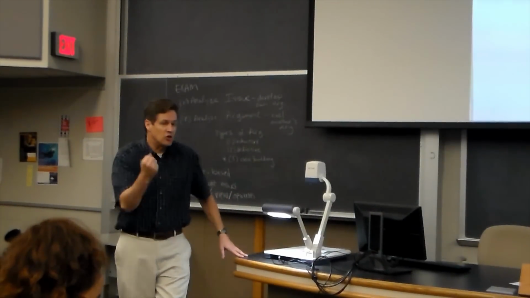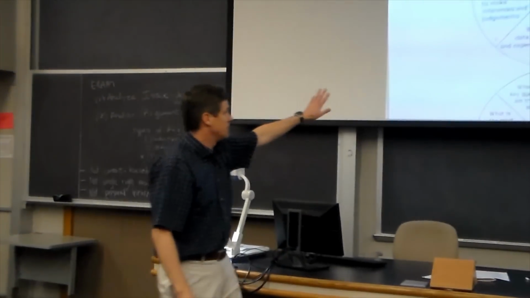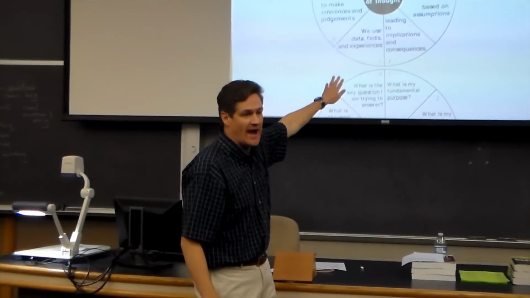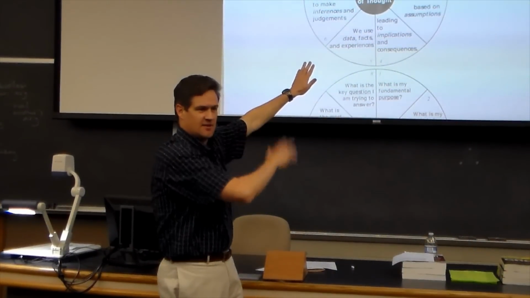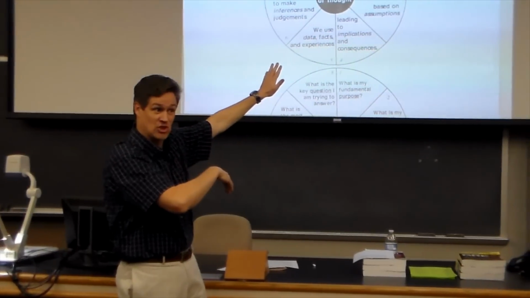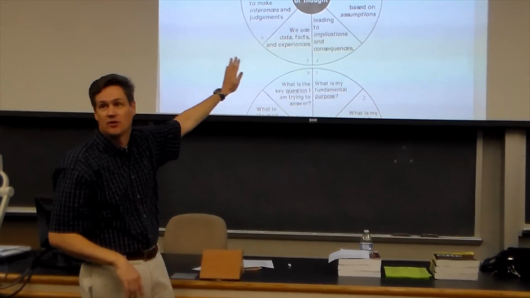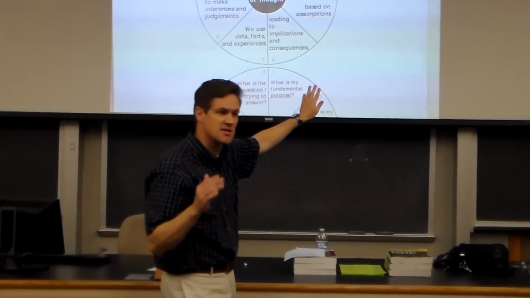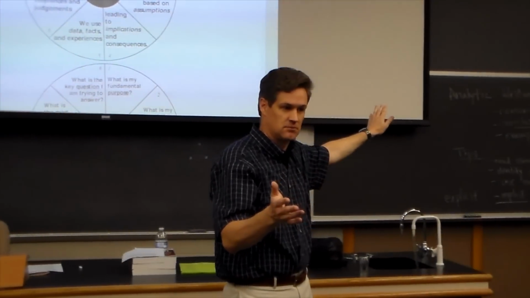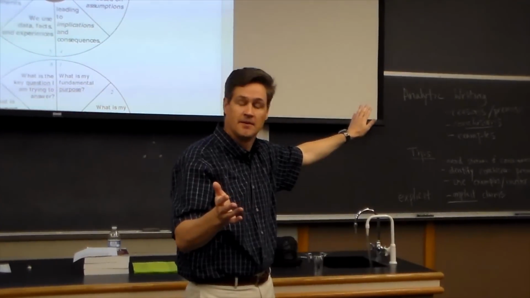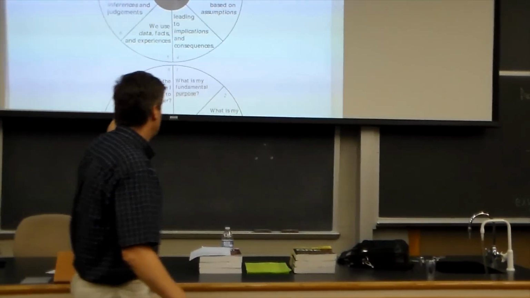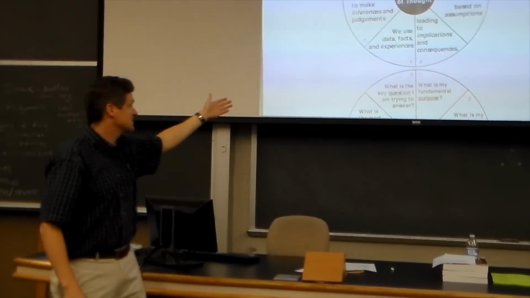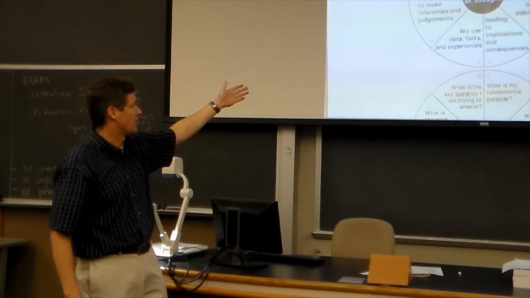Okay, so what do you use then? Well, so these are things you have to be aware of on the right-hand side. Okay? It's good to be aware of your perspective, your assumptions, and the way those assumptions direct your thinking. Okay? On the left-hand side, we get more specific sorts of things. What are we going to use to build our argument?